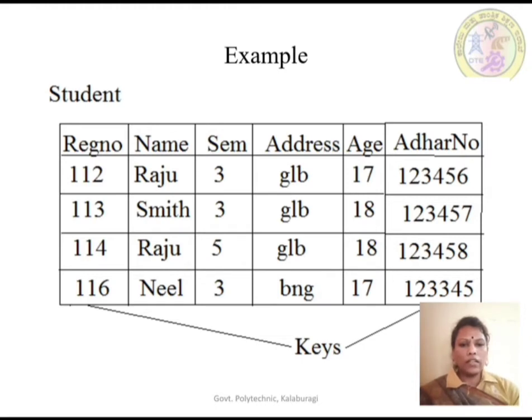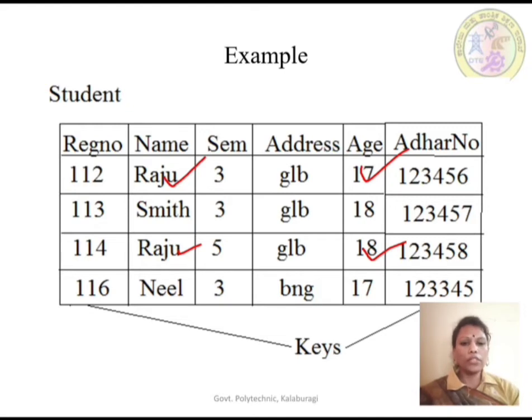I am having Raju here also and Raju here also. And if I want to know the age of Raju, then it will give 2 values, that is 17 and 18. So using this name, I cannot identify a particular Raju which I want, right?